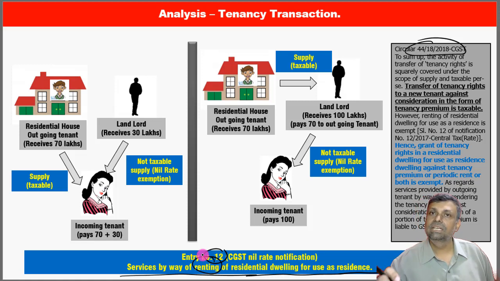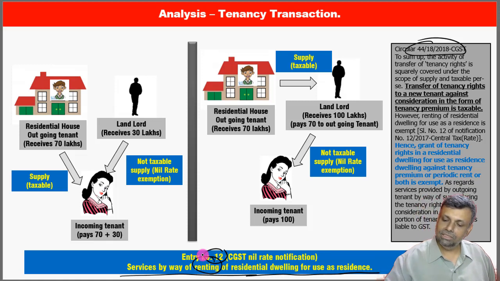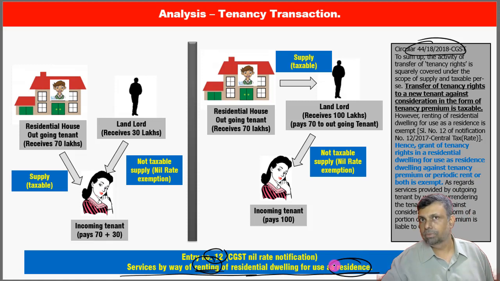Now, if there is any tenancy transaction, friends, you pay the money in lump sum. So first of all, you have to think about a residential property only, because this exemption entry number 12 is basically renting of a residence. That means for the residential purpose only, it is covered for the purpose of exemption. So if there is any transaction of tenancy which relates to commercial property, then of course it is subjected to the GST. The transfer of tenancy rights is not the transfer of the property.